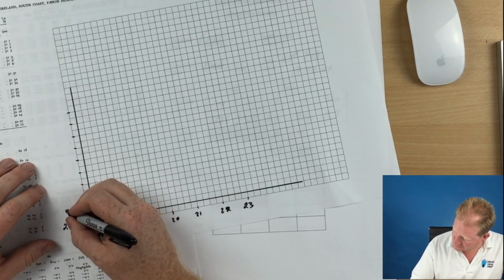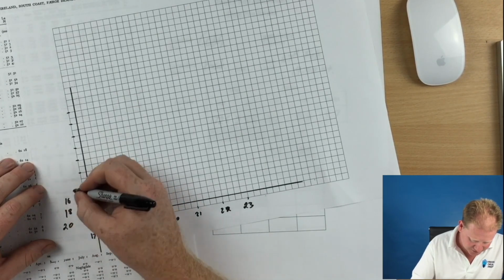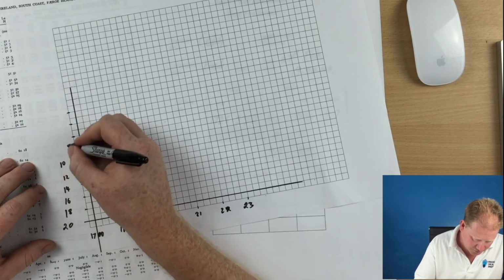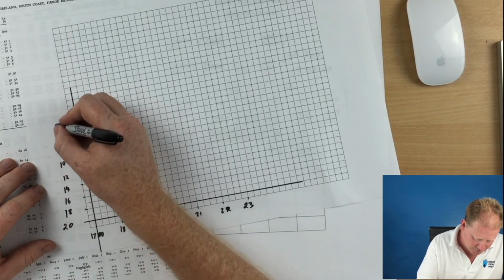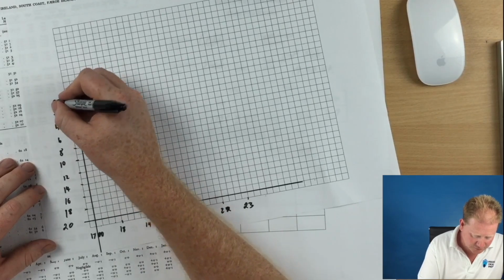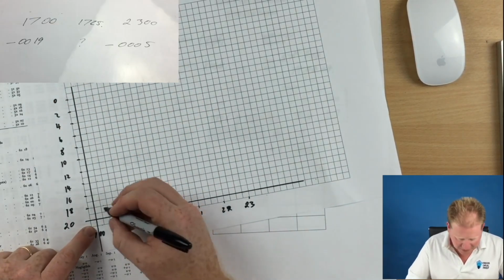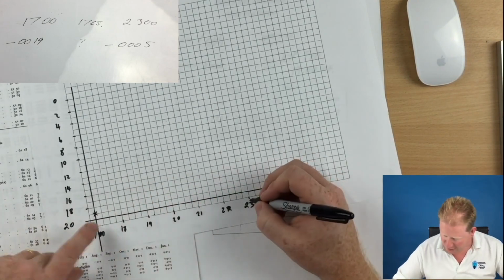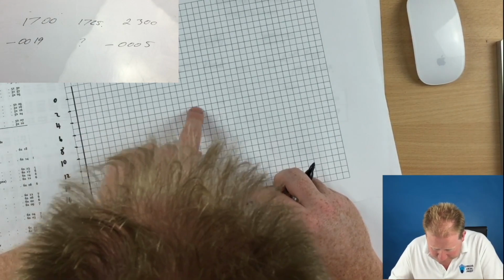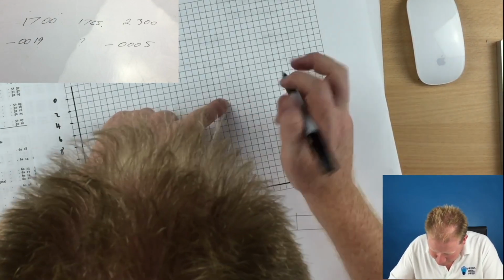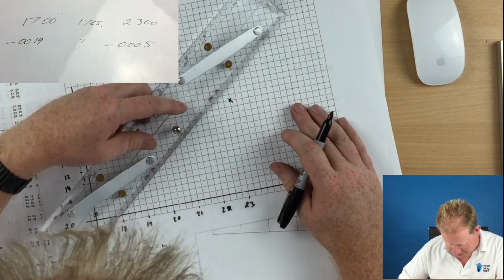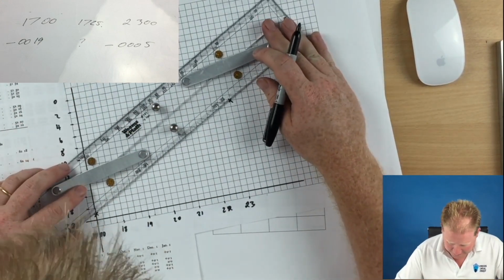So that's 18, 16, 14, 12. So at 1700 it's 19, so it's there. At 2300 it is 5. So that gives us a rate change of that.